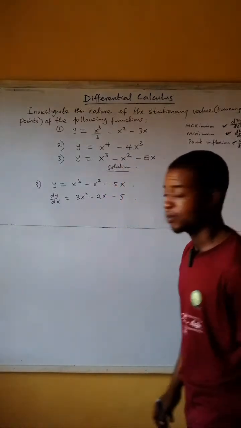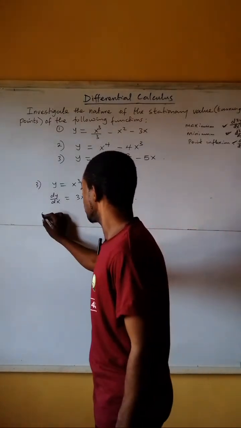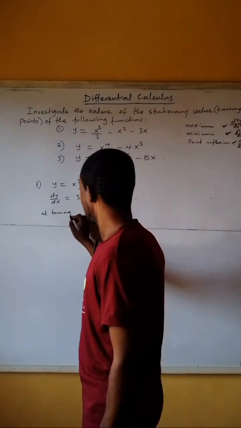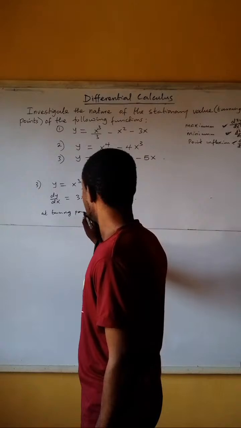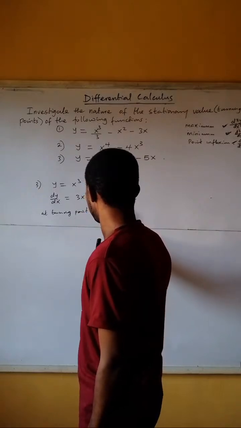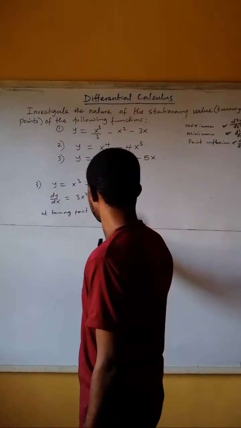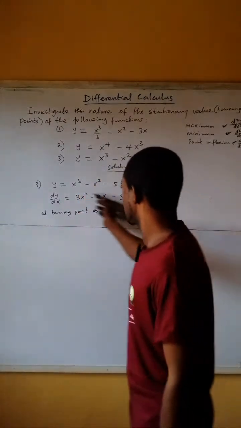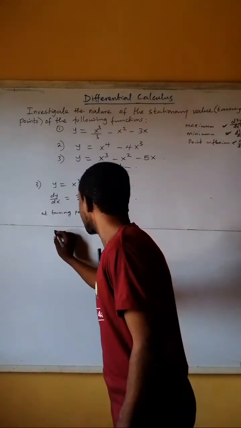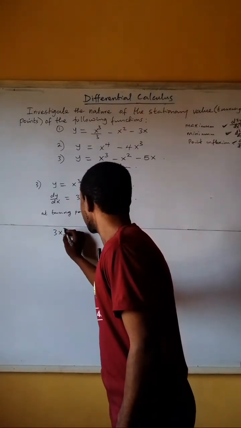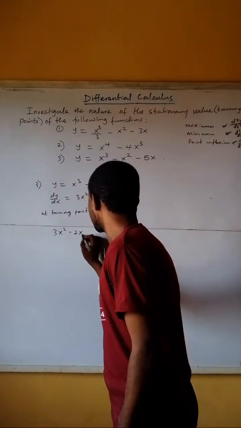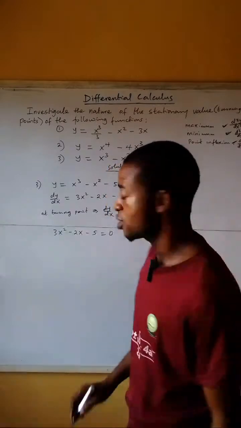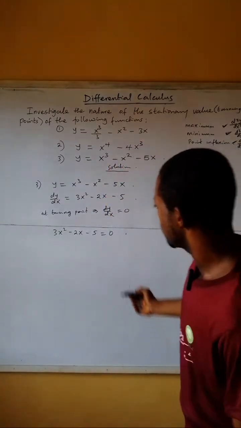That's the derivative. Then at turning point or at stationary point, we understood that dy/dx will be equal to 0, which implies that we equate this to 0 here, and we have 3x squared minus 2x minus 5 equals 0. That's the turning point, which implies we have a quadratic equation here.